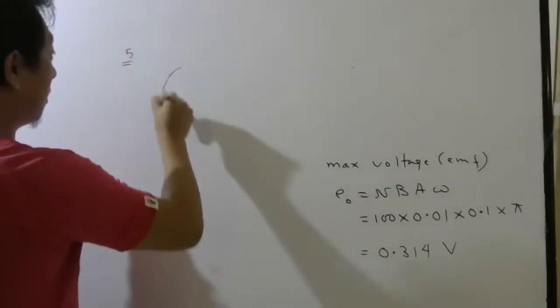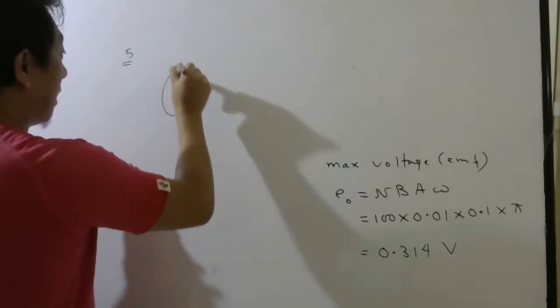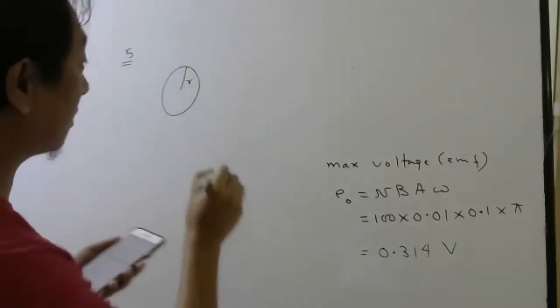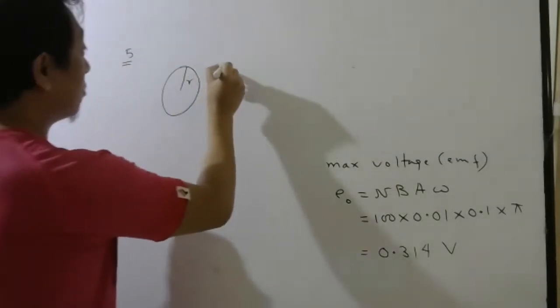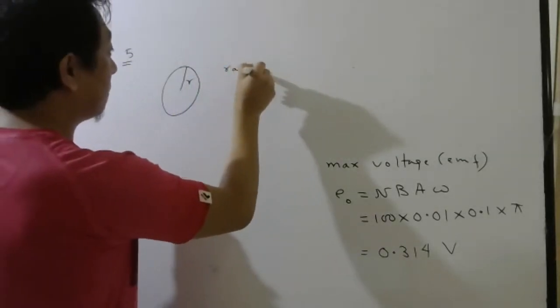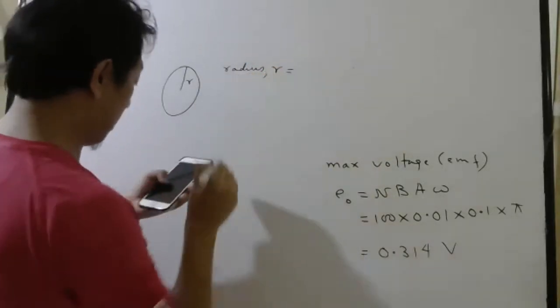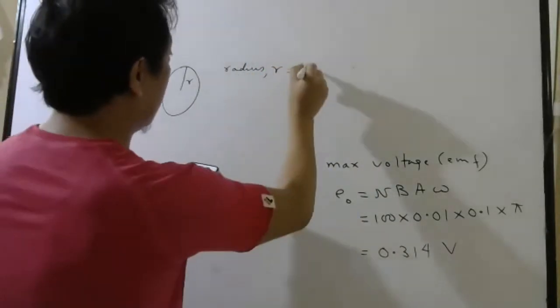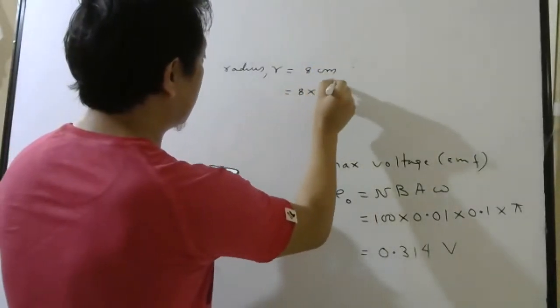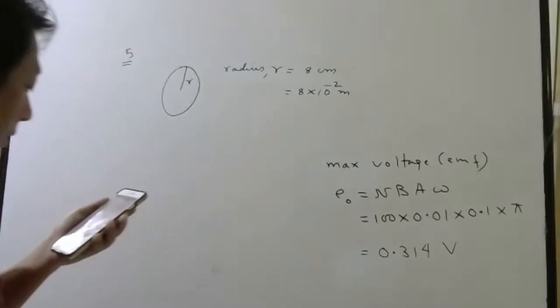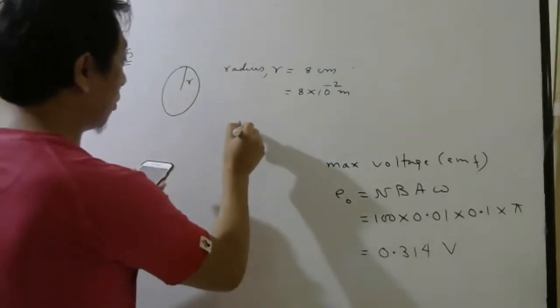So there is a circular coil. I will write small r, students, because capital R I am going to use for resistance of this coil. So radius of the coil r is given 8 centimeter, meaning 8 into 10 power minus 2 meter. And it has 20 turns.